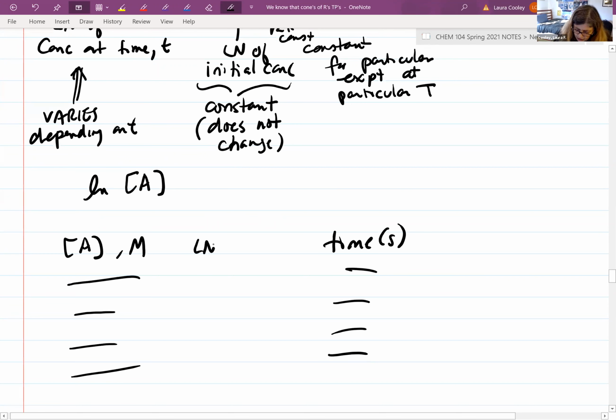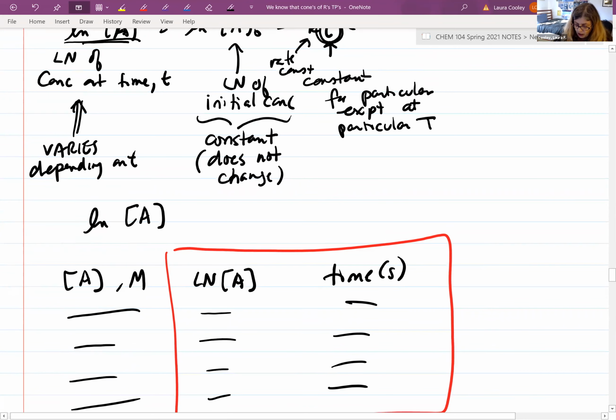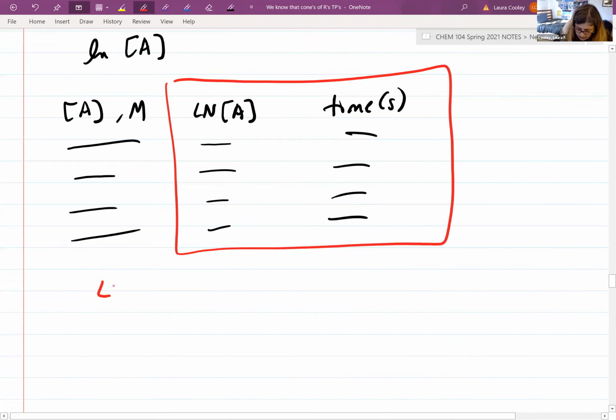But if we took the natural log of that concentration, so in other words, we computed what the natural log would be, and then if we made a graph of the natural log of the concentration as a function of time, okay, ln A, we know that that's ln of A0 minus kt.